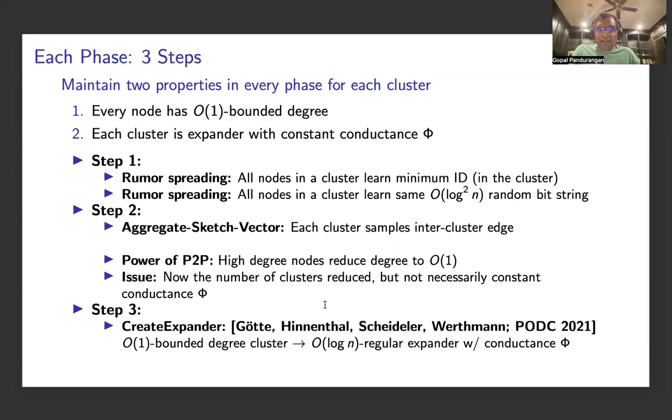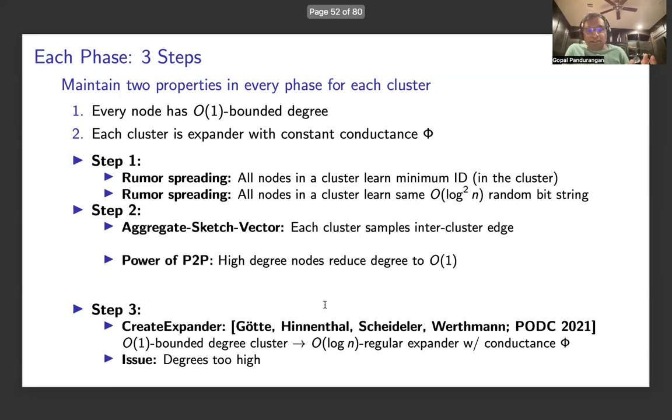And this is why we do step 3, which is a nice procedure due to Gote, Inenthal, Scheidler, and Werthmann. They show in their paper how to take a bounded degree cluster and convert it into a log n regular expander with constant conductance.